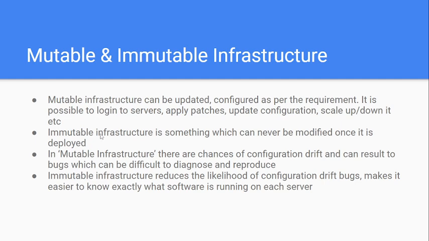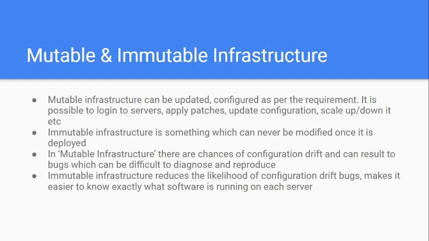Immutable means something which can never be modified once it is deployed. For example, you have Ubuntu 22 version, and now in a live production environment you are upgrading it to Ubuntu version 24, which is the latest one now. That should not be done.